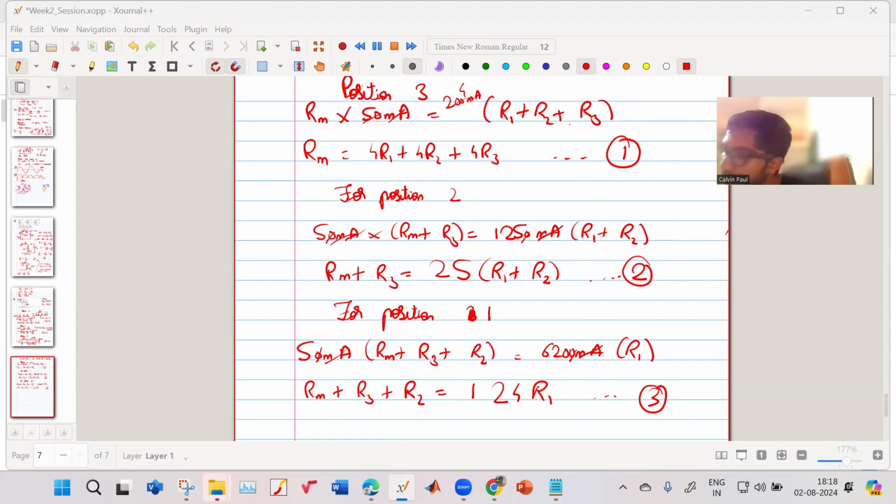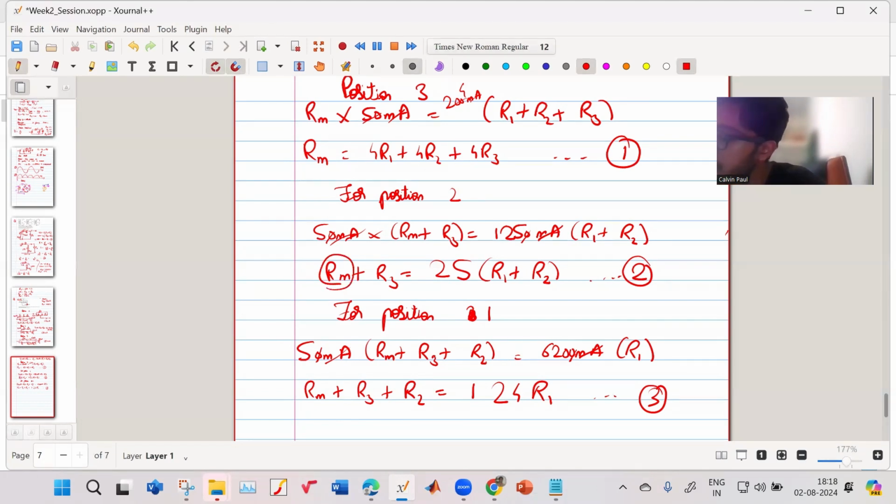So what I will do is, I know Rm, right? So if I say my Rm is equal to 4 into R1 plus 4 into R2 plus 4 into R3, sorry, I can write it as 4 into R1 plus R2 plus 4R3.